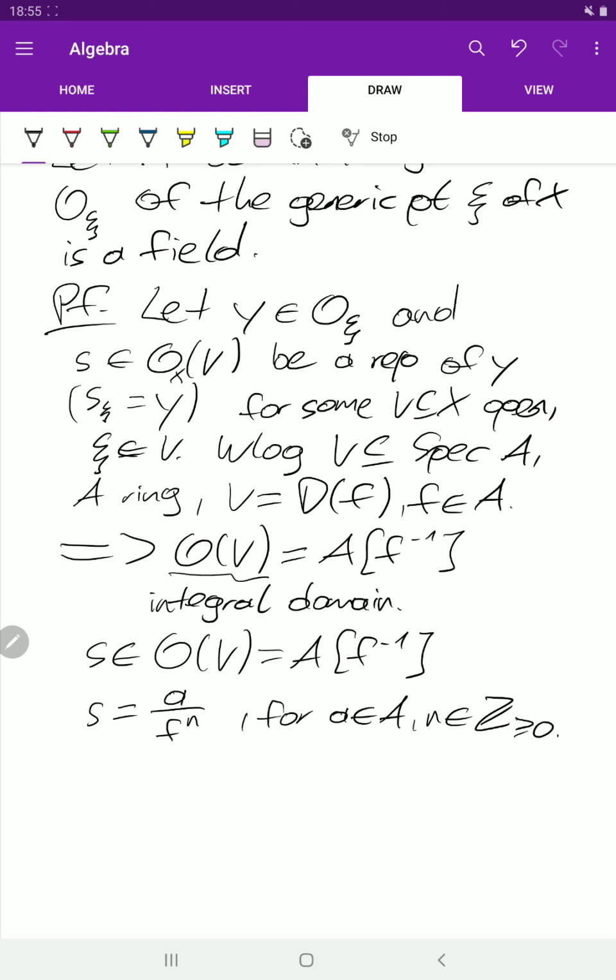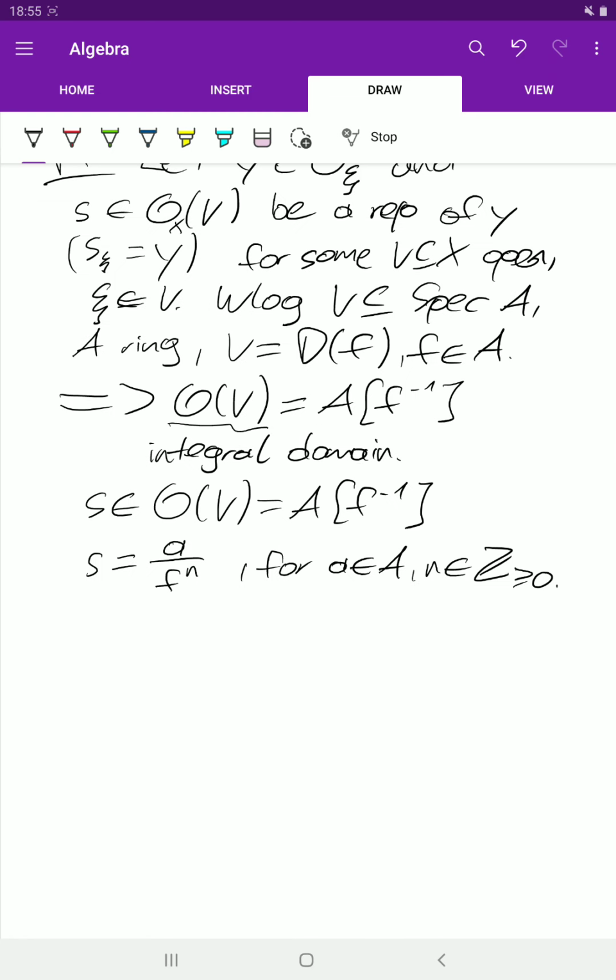Now we want to take inverses. Let's at first consider, in the field of fractions, this element t, which would be the formal inverse. It's important that we have an integral domain, so we have the field of fractions. And we don't have to consider it as an element in the field of fractions, we consider it as an element in this localization of the ring A.